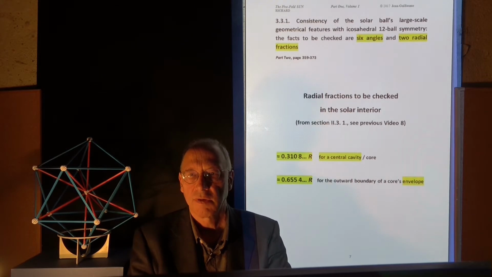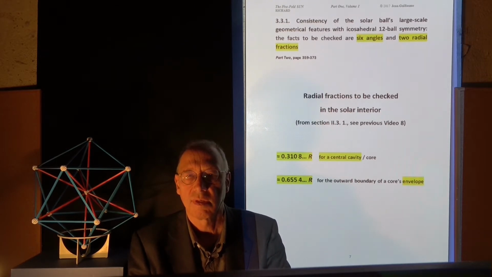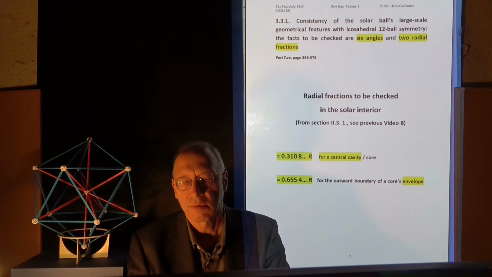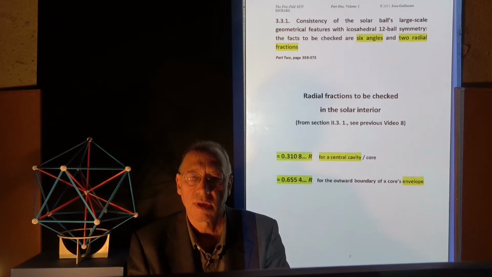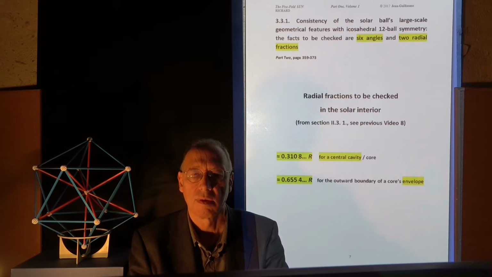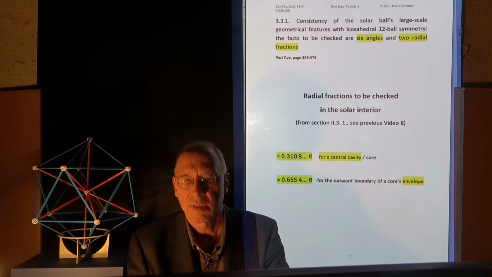The radial fractions, as we saw in video 8, are the dimensions of a central cavity and of an outer envelope beyond this cavity, intermediate between the overall sphere under investigation and this internal core.